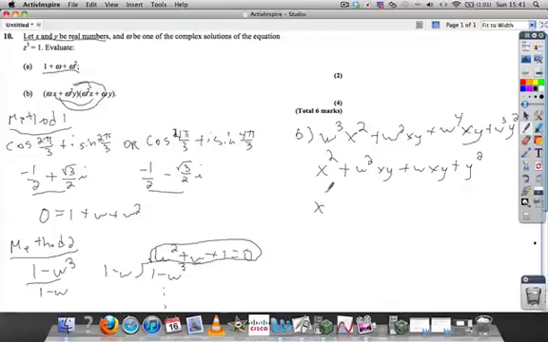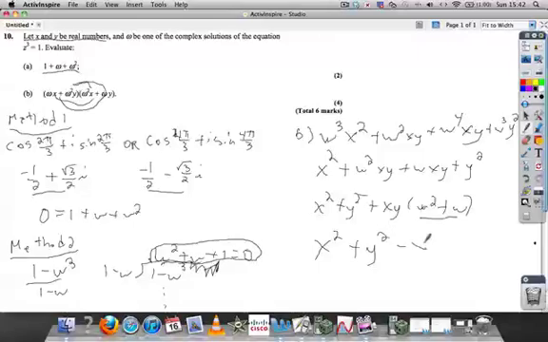So now you have x squared plus y squared plus, xy factors out, w squared plus w. So this tells us something. Again, we're using that thing there. So you can solve this for w squared plus w and you get minus 1. So this part is going to be minus 1 because of this. Okay, so that leaves us with x squared plus y squared minus xy.